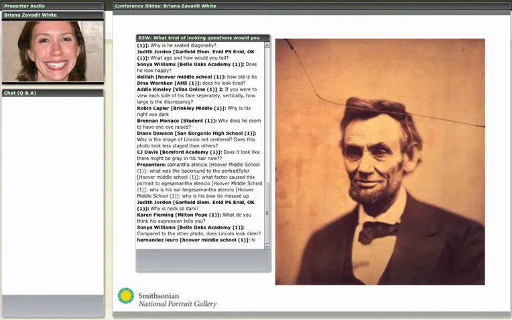Something else to consider as well is, at the portrait gallery we have what we've termed learning to look strategies. So beyond the simple questions that you might ask your students, you know, what do you see? Who is this in the portrait? What symbols are there?